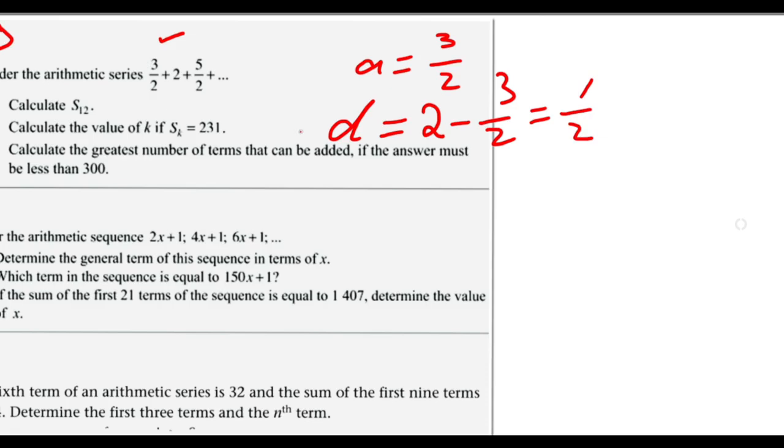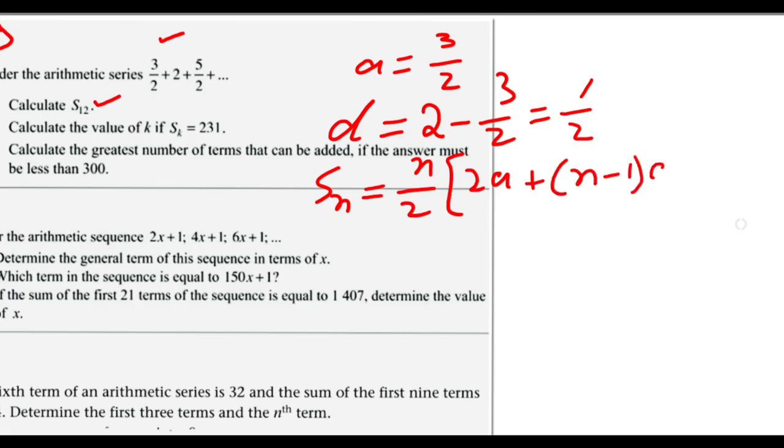Now remember he says determine S12, which means he's looking for the first 12 terms. So we do have n. We can use the sum of the first n terms formula for an arithmetic series, which is Sn equals n over 2, big bracket 2a plus parentheses n minus 1 d, big bracket close.